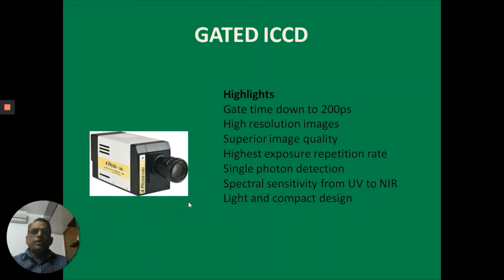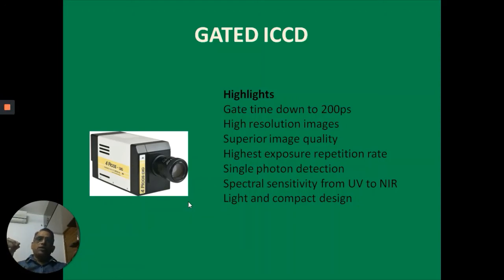So here we have seen the detectors starting from your photodiode, photomultiplier tubes, and how exactly photomultiplier tubes are advantageous over the photodiodes. Photodiodes are less sensitive when compared to the PMTs. The PMTs are more sensitive, and you can use them for different applications. You can use a PDA also for spectral measurement, as with a CCD.